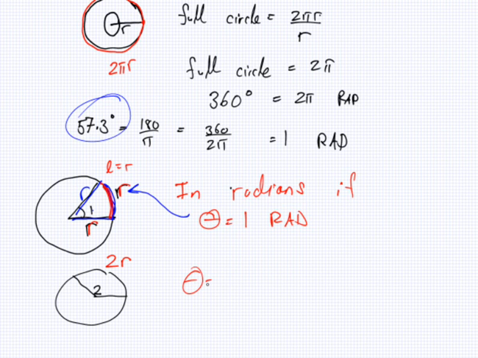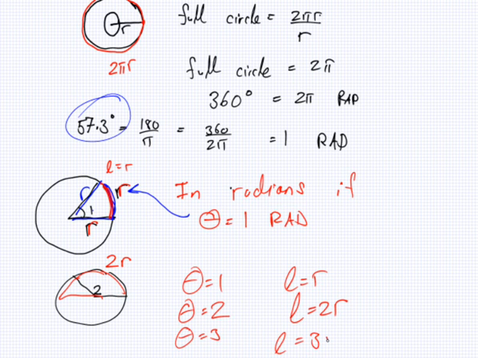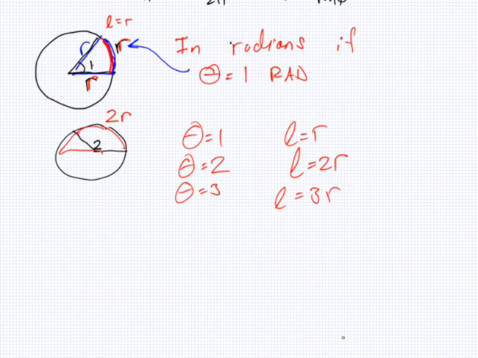So a full circle is equal to 2 pi. So this means 360 degrees is equal to 2 pi radians. So then 1 radian is equal to 360 divided by 2 pi, which equals 180 divided by pi, which equals roughly 57.3 degrees.